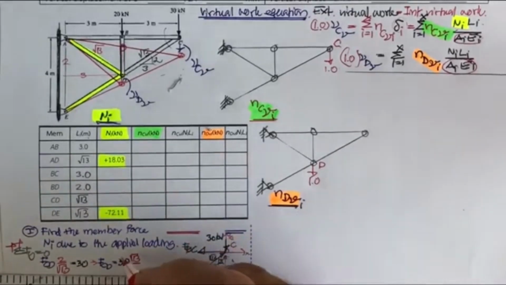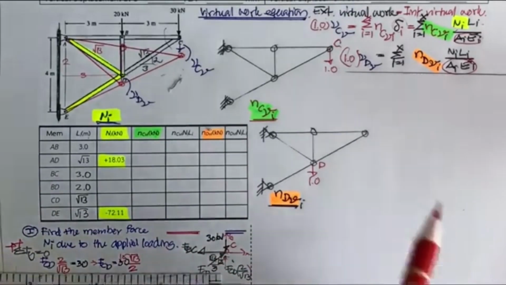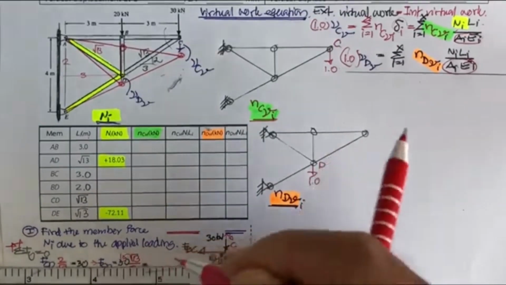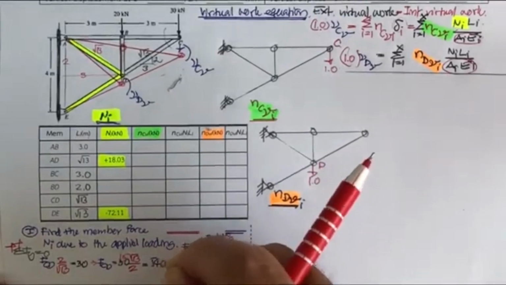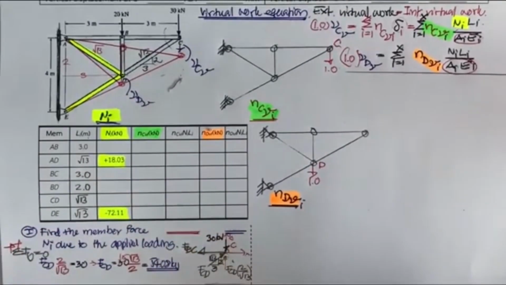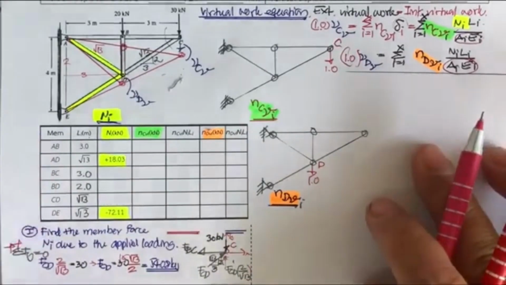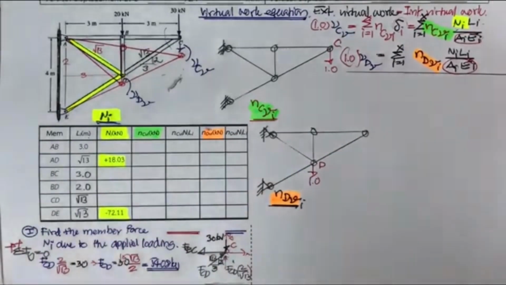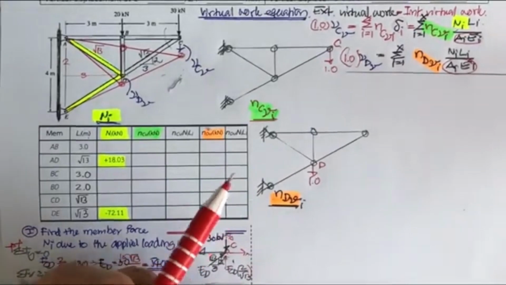So this is going to be 15 square root 13, and you will get 54.08 kilonewton. Push it into your calculator, pause the video. What did you get? 15 times square root 13.